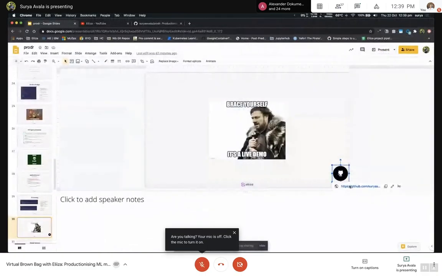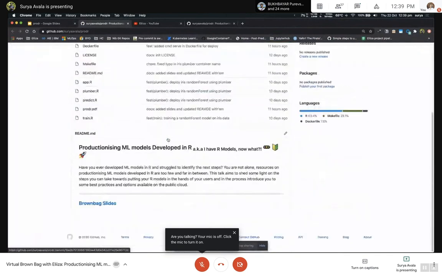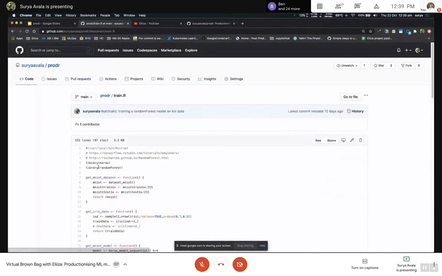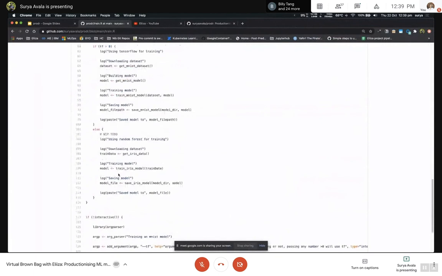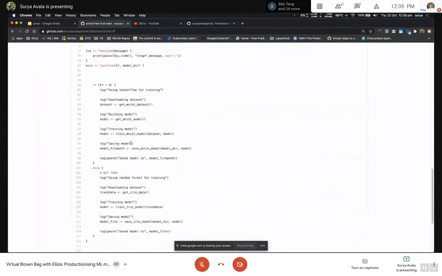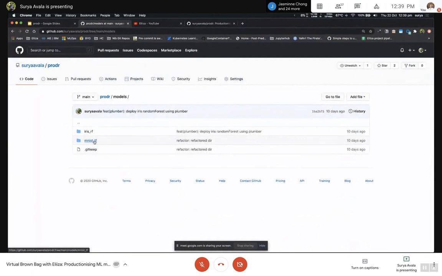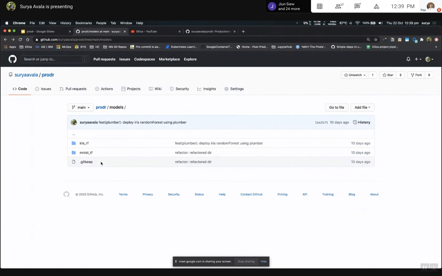I've shared my repo here for the demo. If you take a look at it, I have a train.r file where I have trained two models. This is all R code. I've trained an MNIST model using TensorFlow on the MNIST data, and also a random forest model on the iris data.